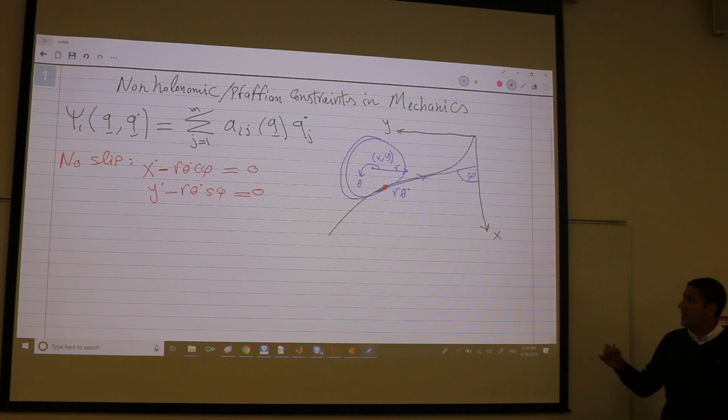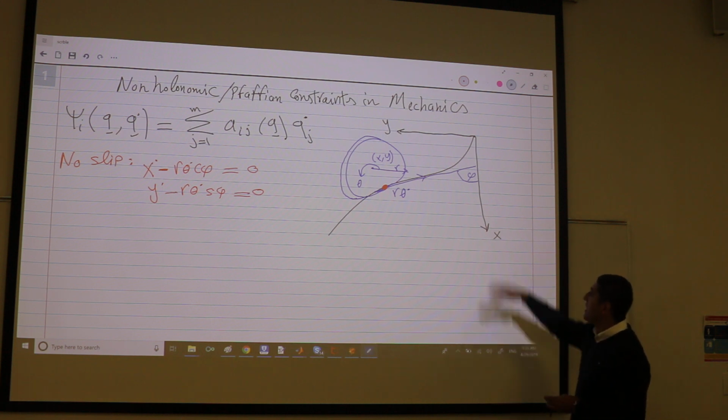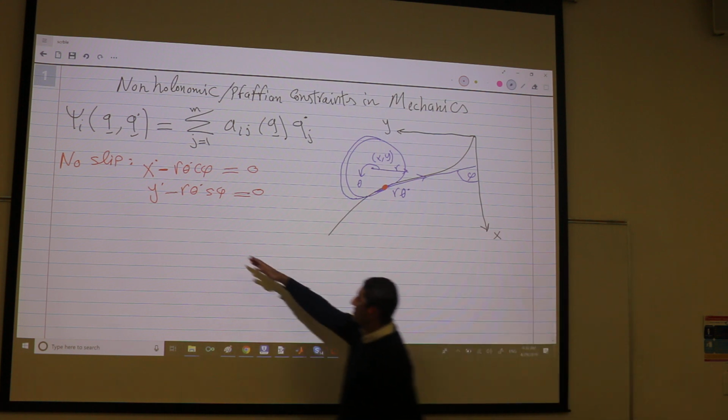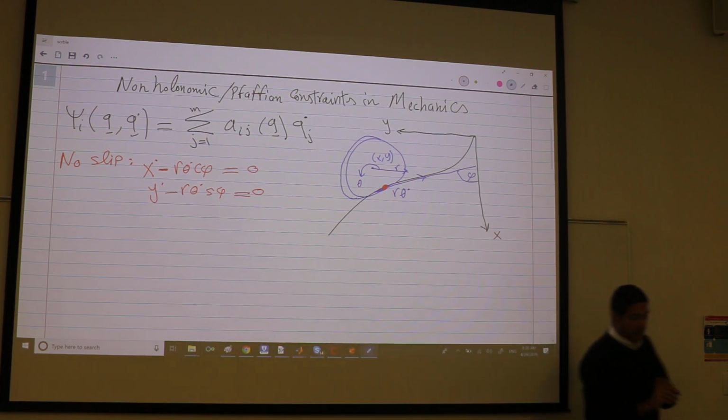So this means that if I have four generalized coordinates, x, y for the center, theta, and phi, this is one representation. If I have four generalized coordinates, my velocities are constrained by these two equations. So I have only two free velocities.